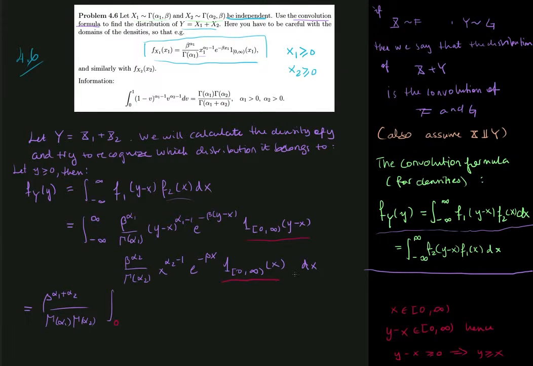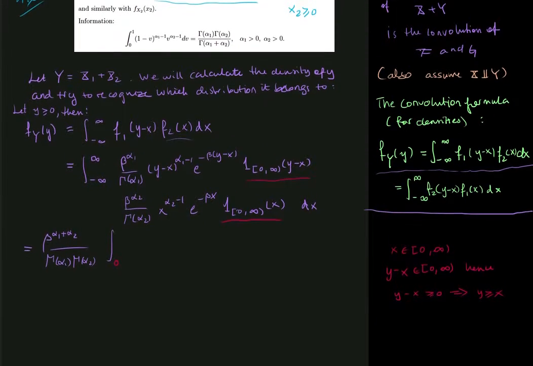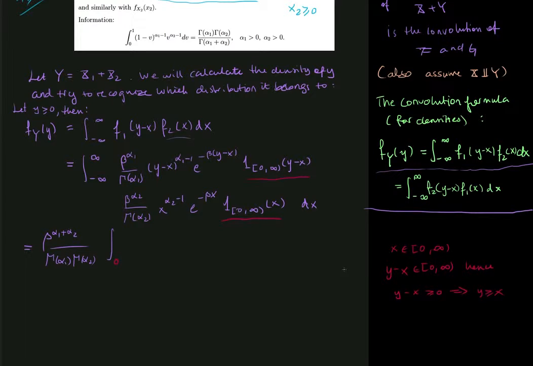And now, note that we're integrating with respect to x, so this essentially tells us that we can integrate with respect to x all the way up until not infinity, but until y. And y is a number that is given that is also assumed to be greater than or equal to 0, so we're safe here. The integral is still turned the right way around. Okay, so that was the boundary. So we've taken care of the two indicator functions.